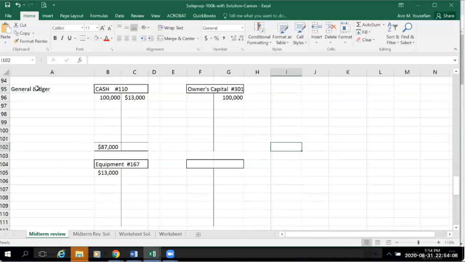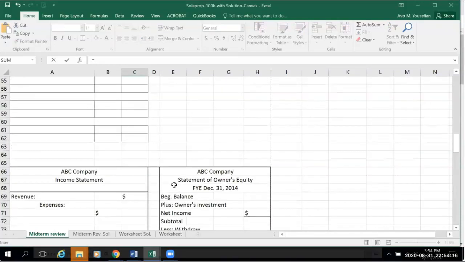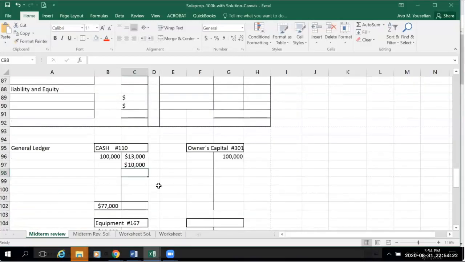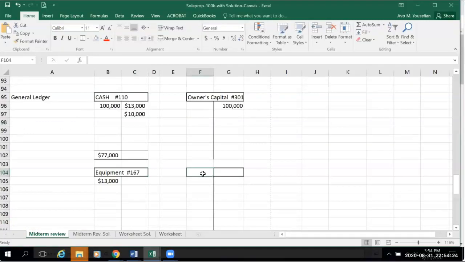Let's do it. So cash goes out of pocket, that's a credit. Enter. Agree? And utility expense. The account number starts with 5, something like that.